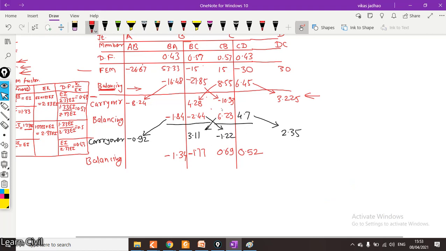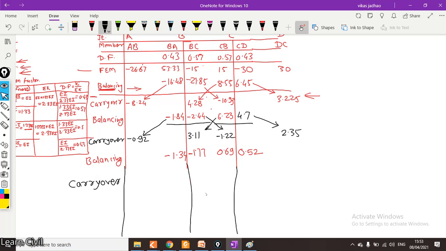With this, balancing is done. The next step is carry over, because we applied some moment here.